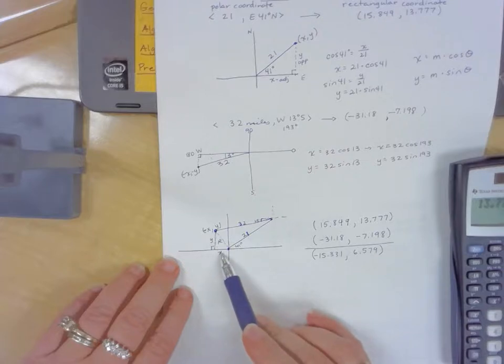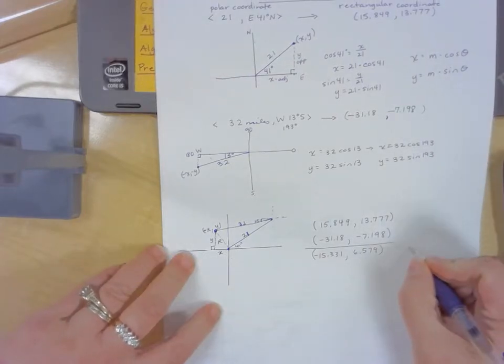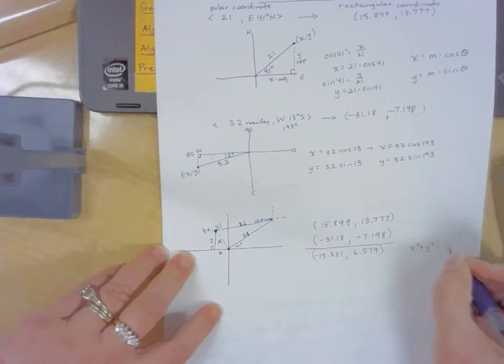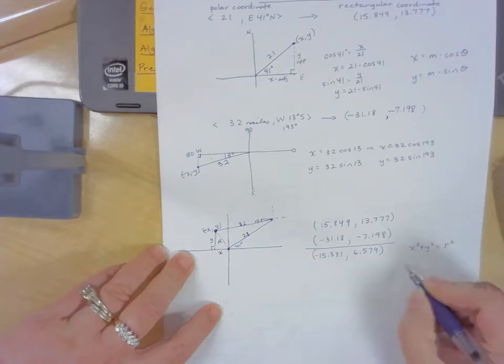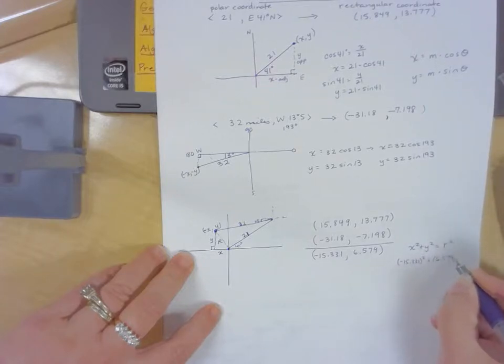It's a Pythagorean theorem problem. So we can take our x squared plus our y squared in order to solve for the resultant squared. So in this case, negative 15.331 squared plus 6.579 squared equals our r squared.